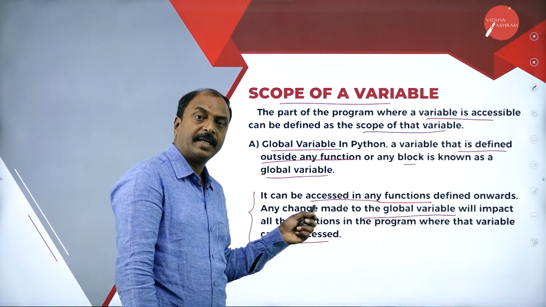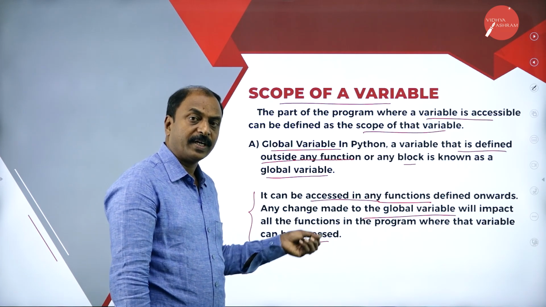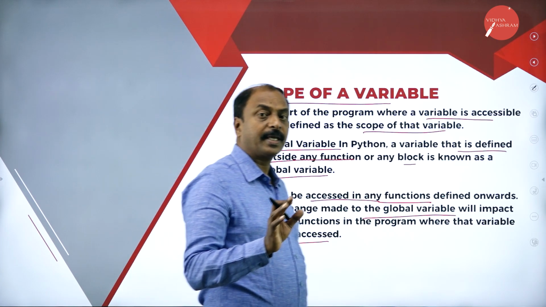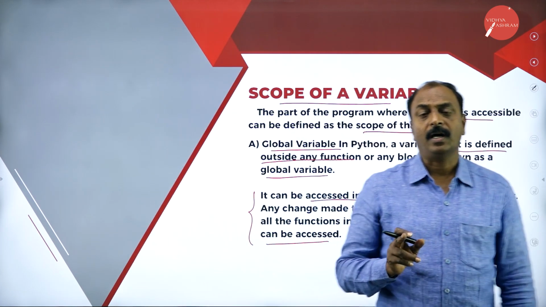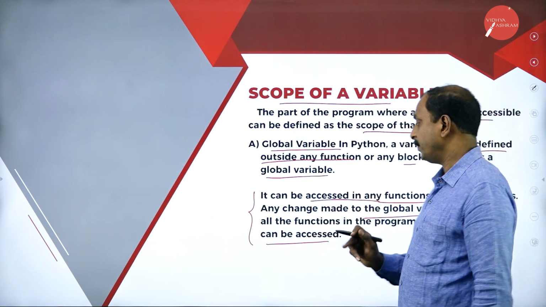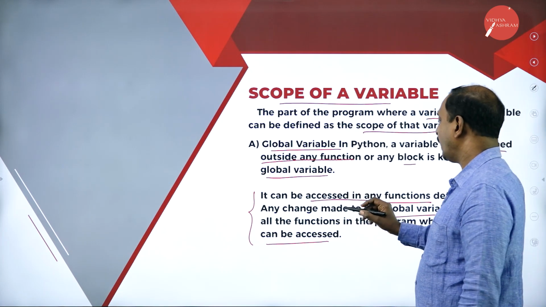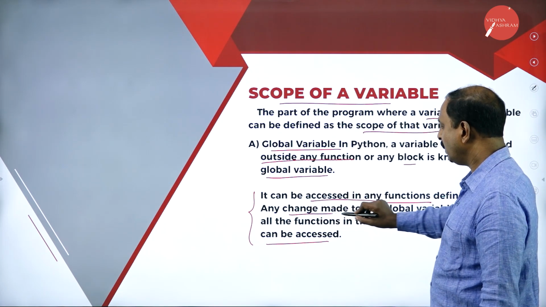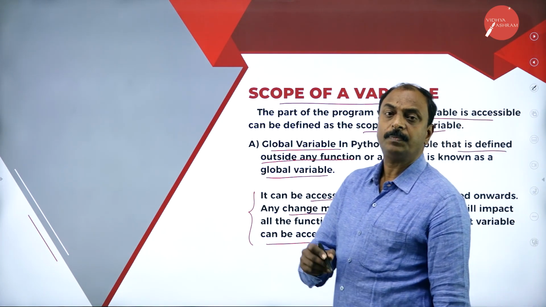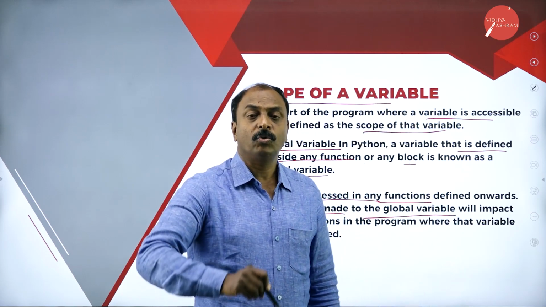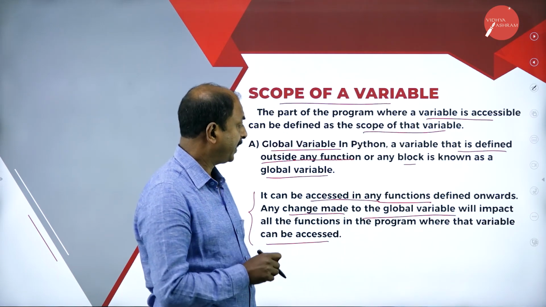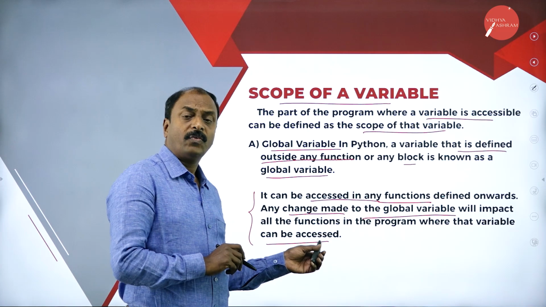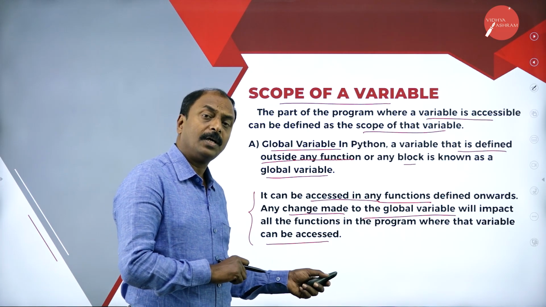Once the variable is declared globally outside the function, the same variable can be used anywhere in the program. Any changes made to that particular global variable are going to affect all the functions in the program wherever the same global variable is used.